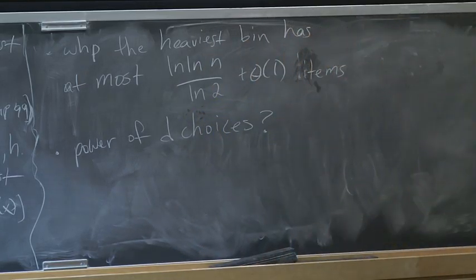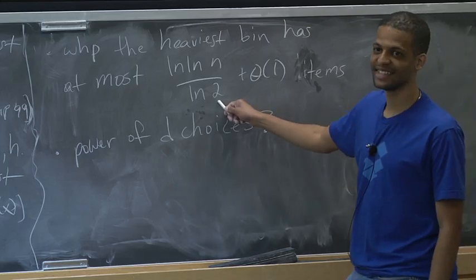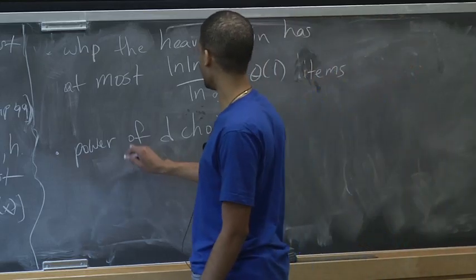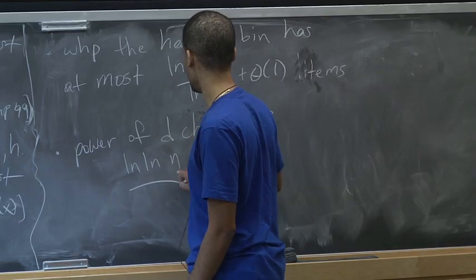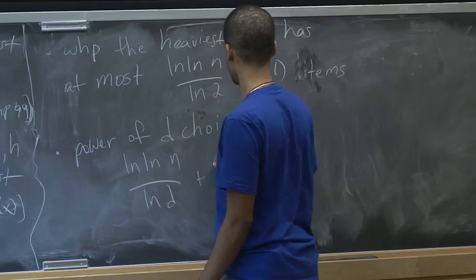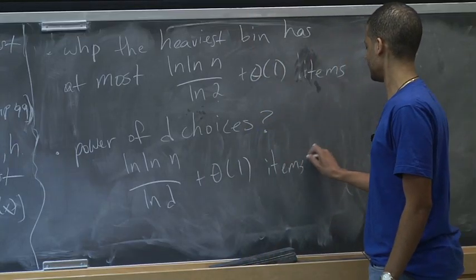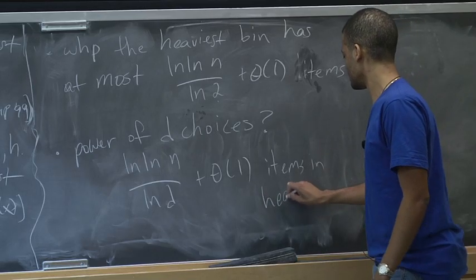Any guesses about what happens there? Actually, that's exactly what happens. You get ln ln n over ln d. Which is unfortunate, right?